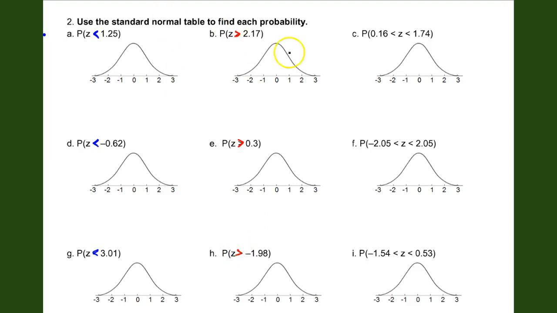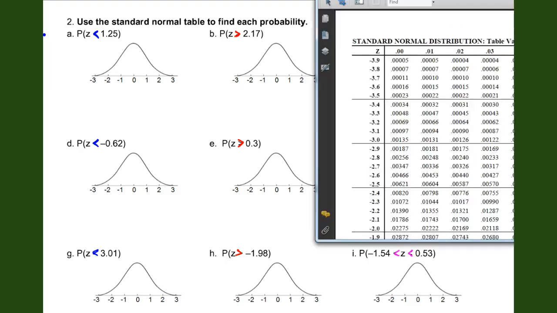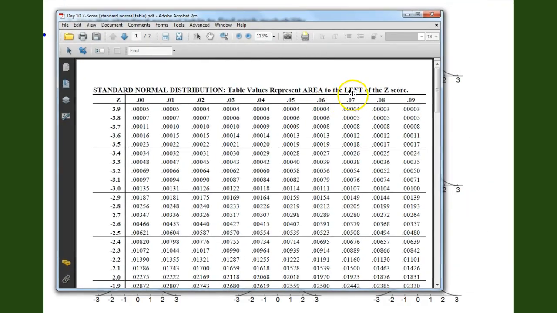And then we have the ones that are between. It's important to know this because the table that we're using, and it will remind you here at the top, only gives our answers to the left, which is less than, right?